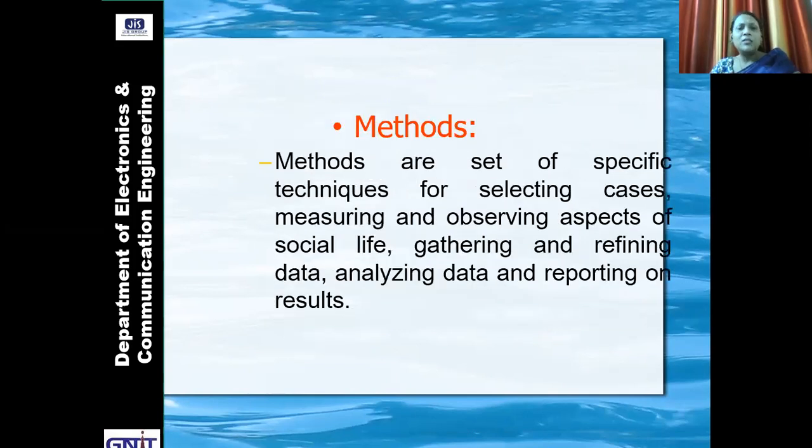Methods are a set of specific techniques for selecting cases, measuring and observing aspects of social life, gathering and refining data, analyzing data, and reporting on the results. So methodology is a broader sense, method is a specific technique. So we may think that methodology and methods are the same, there is no harm in it.